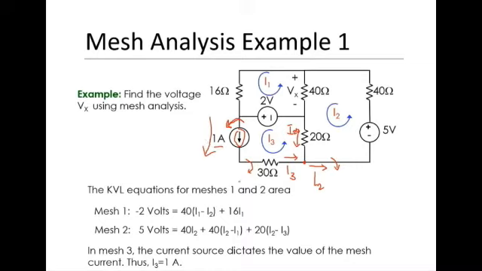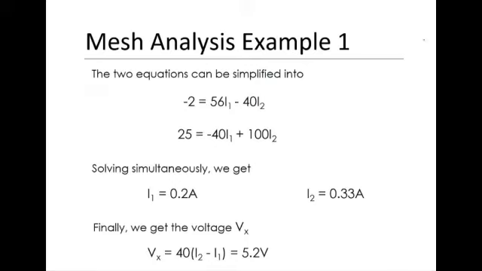Therefore, the mesh current I3 is 1 ampere. You just need to substitute that here, and you only have two equations and two unknowns for this problem. Now you can simplify that and solve for I1 and I2. You get these.